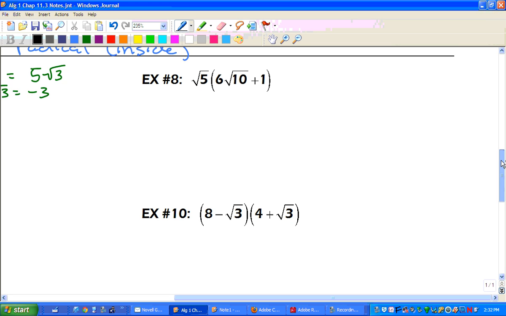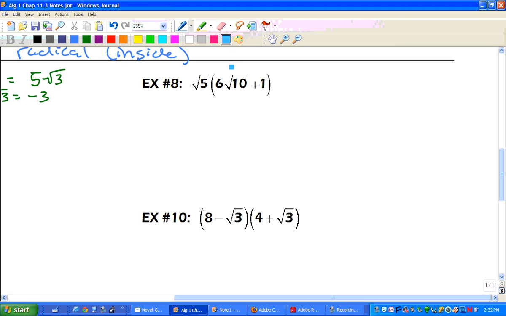Example number 8. So we are going to distribute. So we have root 5 times 6 root 10. So inside with inside, outside with outside, there's a 1 out here, so 1 times 6 is 6. And 5 times 10 is 50.